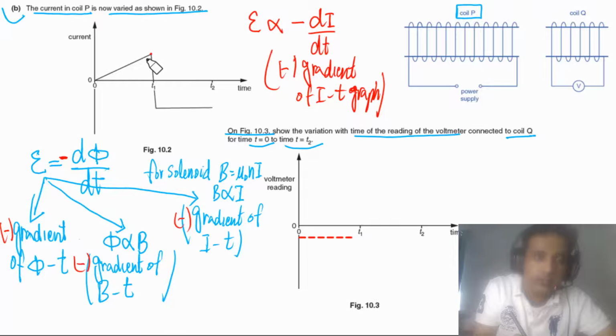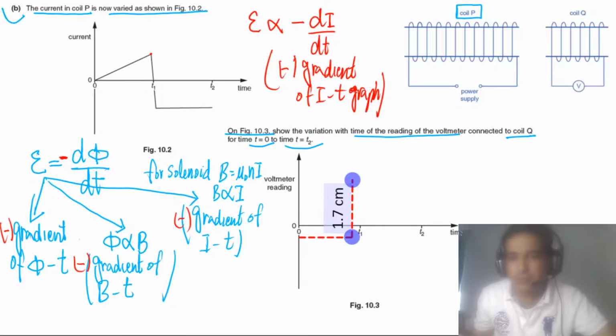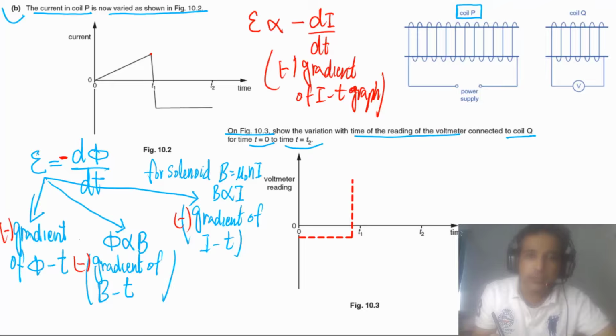If you look at this gradient, the current is changing and the gradient of this line is negative. So in this case EMF has to be positive, for a very short interval of time, because the gradient is negative.